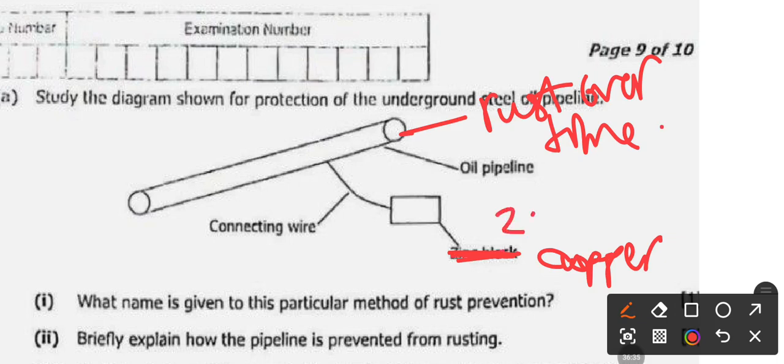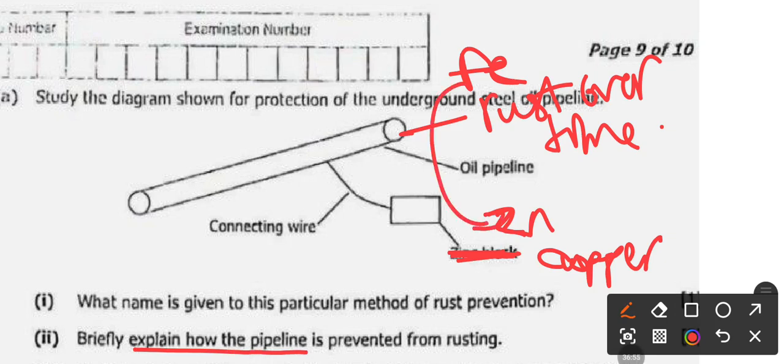Remember the pipeline is mainly made up of iron. In explaining how the pipeline works, I said that zinc would react in the place of iron. This is because zinc is more reactive than the iron, so it would prevent the iron from rusting.